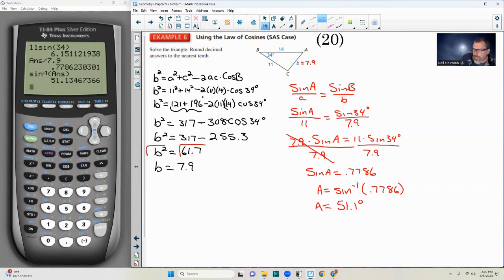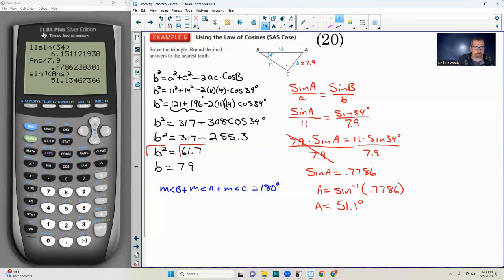Whew. And then finally, we have to do the triangle sum theorem to find C. I'll do that in blue right here. Triangle sum theorem, the measure of angle B plus the measure of angle A plus the measure of angle C equals 180 degrees.